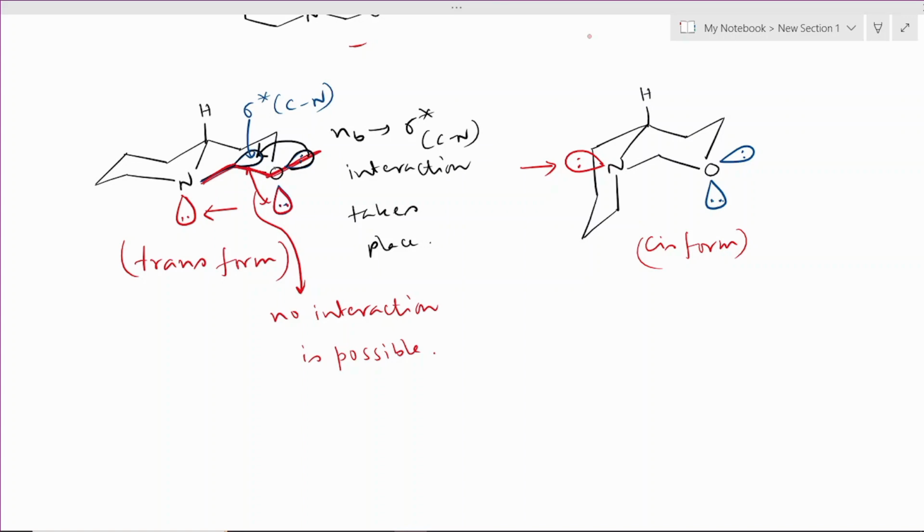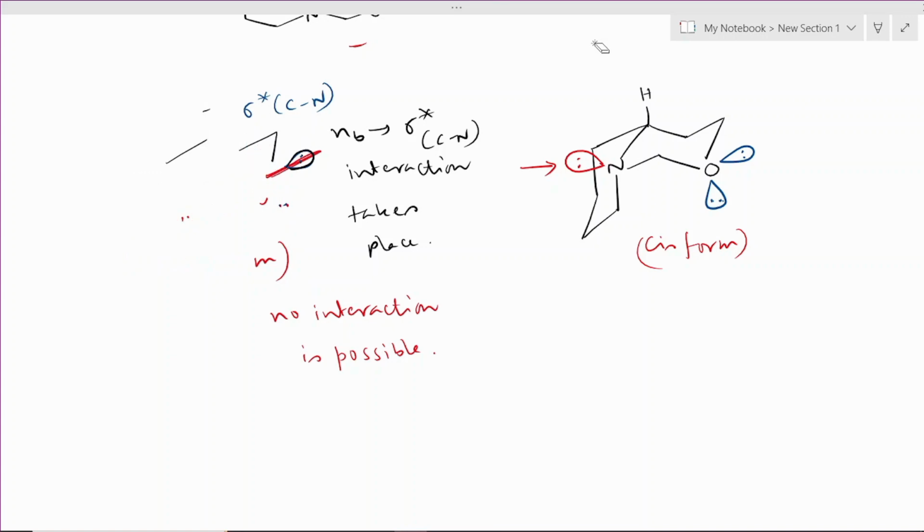Now if we count the total number of anomeric effects present in a molecule, then we can easily dictate which conformer is most stable. So we have to draw it freshly, otherwise you cannot understand.